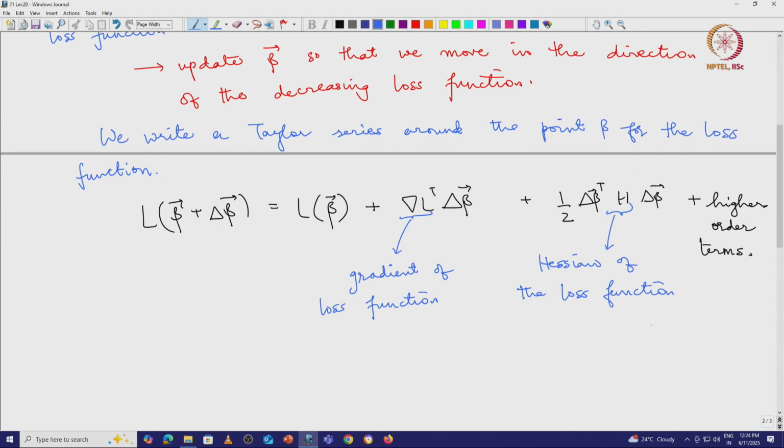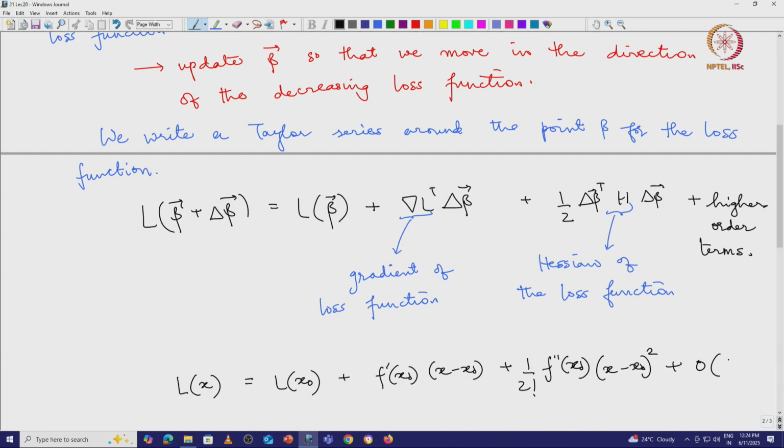This is similar to a Taylor series that you can write in one variable, right. So, if there were just one variable, right, if L was just a function of x, you would say L at x is L at the reference point x naught plus f dash x naught times x minus x naught plus 1 over 2 factorial f double dash x naught x minus x naught whole squared plus the higher order terms, right.